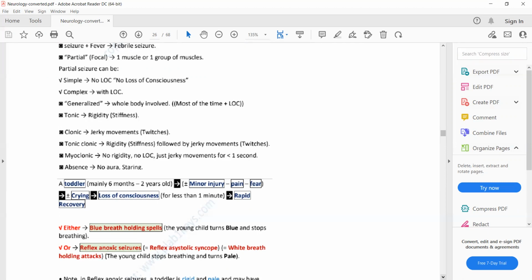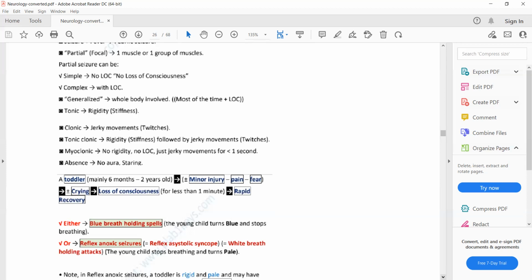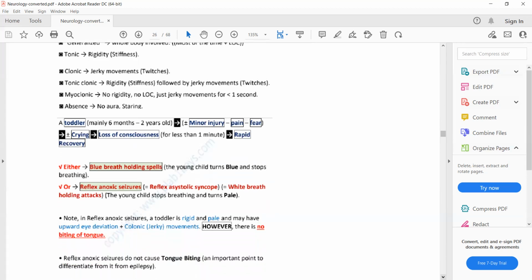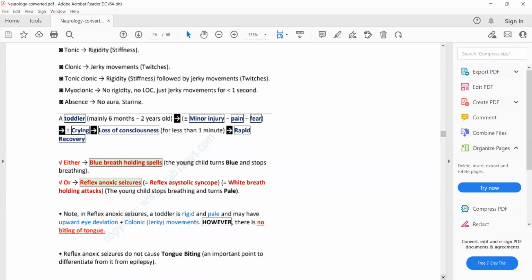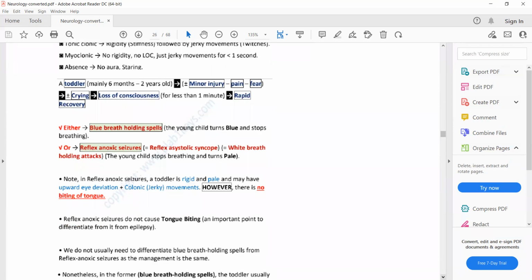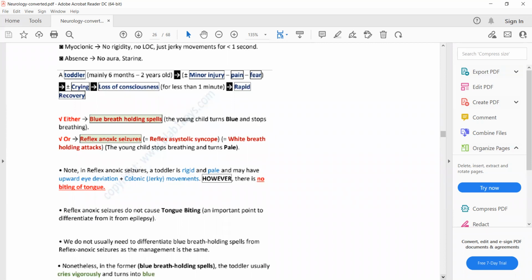You are usually not asked to differentiate between these two in the PLAB 1 exam, so it's not important to remember the differentiation. The management of both is the same: you need to reassure the parents that these spells are not harmful and there is spontaneous recovery in both cases.